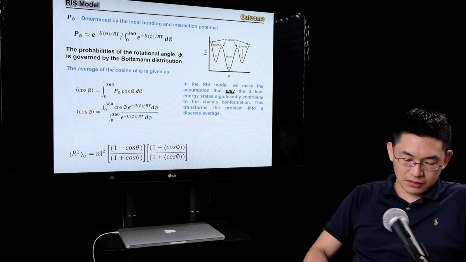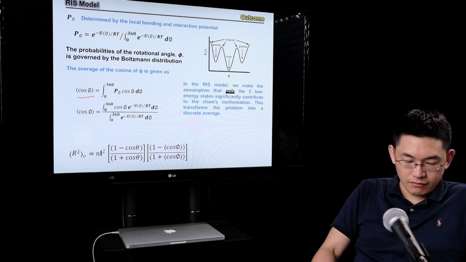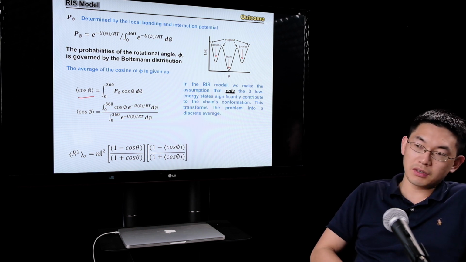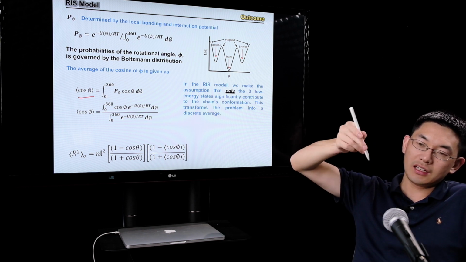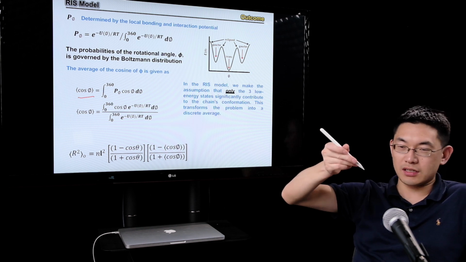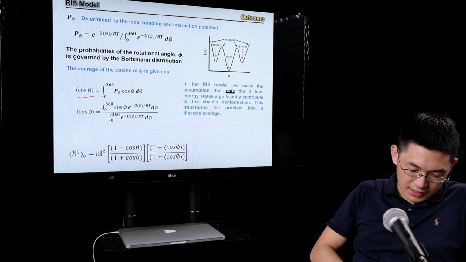And we can use that to calculate the cosine theta, which is an average of the rotation isomer states. So this would result in additional expansion of your polymer chain, because now it's not rotating in plane freely. It now has three preferred states: gauche plus, trans, and gauche minus. This results in this term.